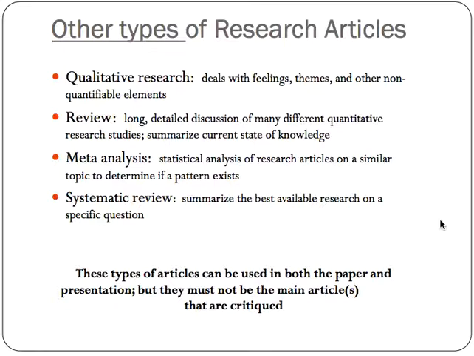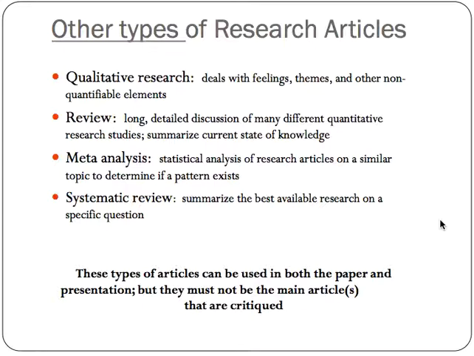A review pulls together different quantitative research studies and summarizes the current state of knowledge on that particular topic. A meta-analysis is similar in that it pulls together different articles on a particular topic and analyzes the results to see if a pattern exists. But it's a bit more in-depth than a review since it uses statistical analysis to look for trends.